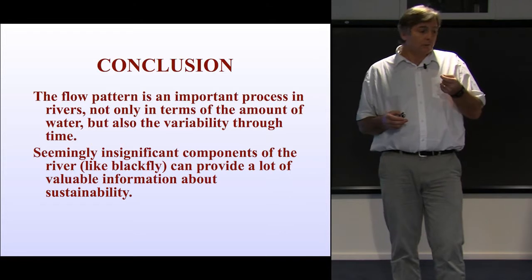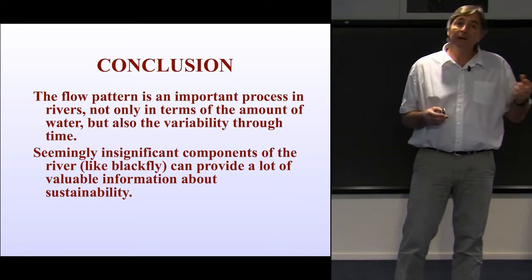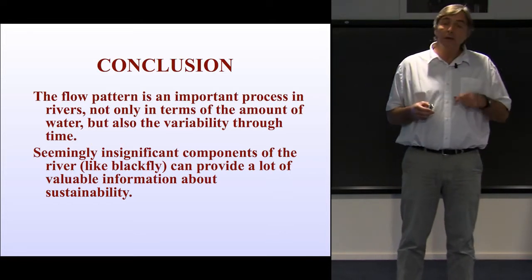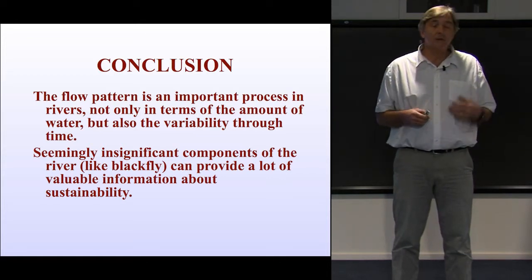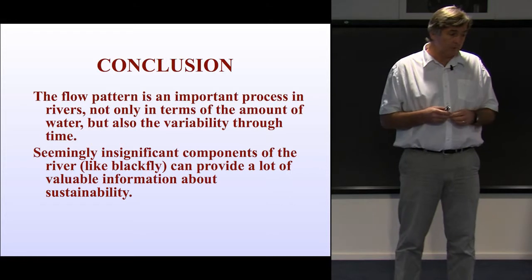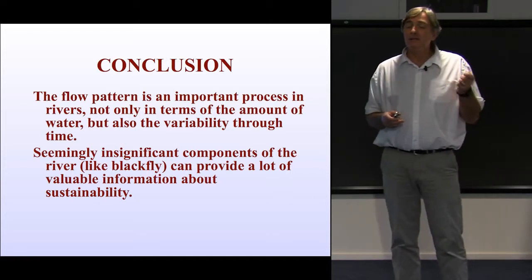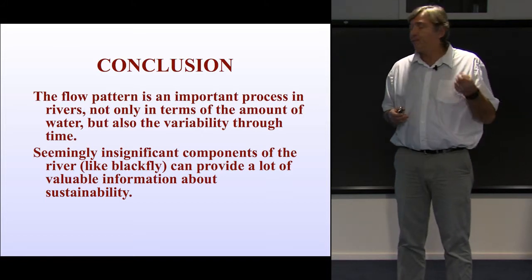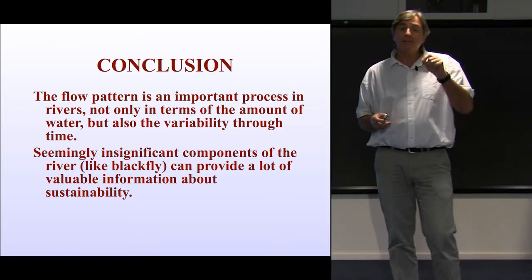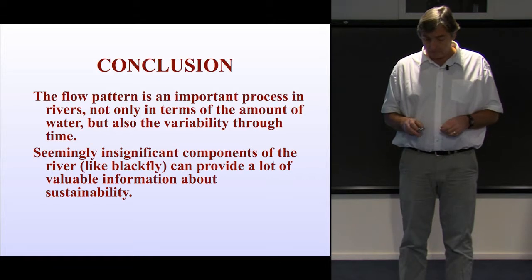So my conclusion from this is that the flow pattern is a very important process in rivers, not only in terms of the amount of water, but also the variability of flow through time. And seemingly insignificant components like these black fly can provide a lot of valuable information about the sustainable management of these rivers.